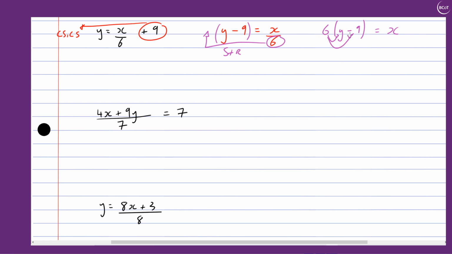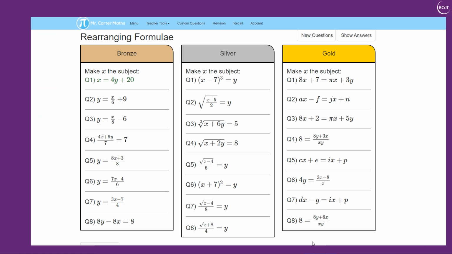So that's 6 lots of y, and 6 lots of minus 9, which is 6y minus 54 equals x. Or we could put x equals 6y minus 54. They're all correct. Or we could put x equals minus 54 plus 6y. It's the same thing. Just check our answer and we got it right.